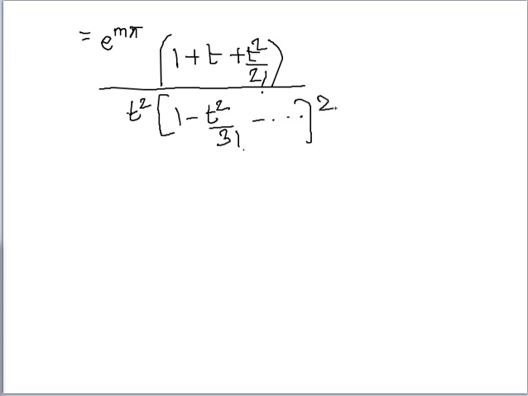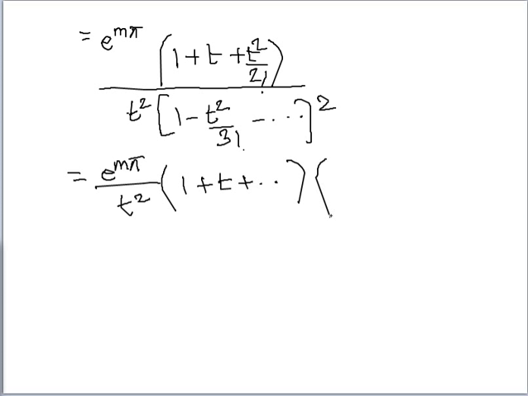Now I rewrite all in the numerator. So e to the power m pi upon t square, times 1 plus t plus and so on, times 1 minus t square by factorial 3 and so on, to the power minus 2.